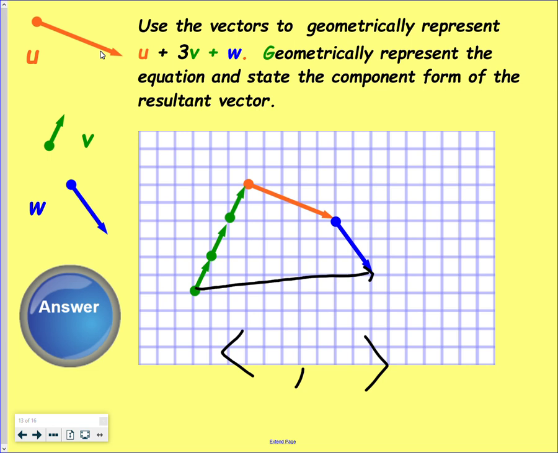You got this, Nick. Do the X first. What's the difference in X from left to right? 10. Okay, we'll write a 10 down in the X spot in the brackets.